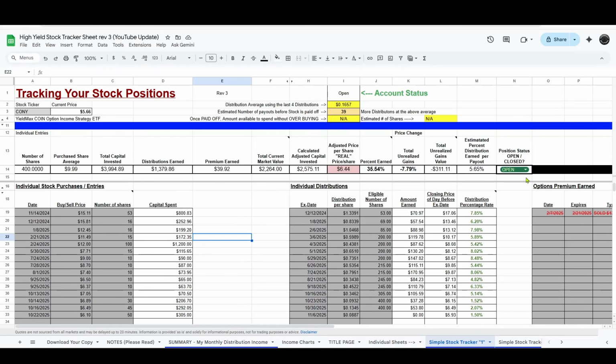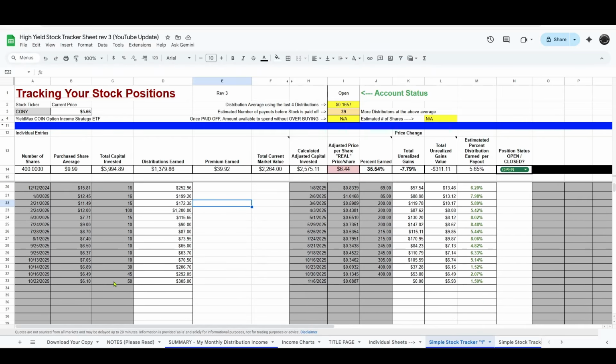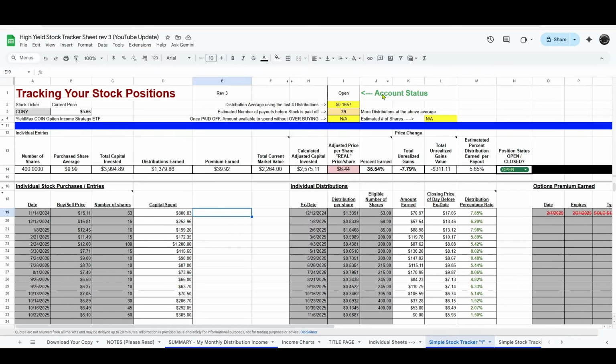And once you flip that to closed, or once you close this out, you would go in, put your date, put in your price, and then put in your minus, in my case 400 shares, so that will give you a negative amount that you've spent here. And this field up here where it says account status currently is open, that will change, and then give you the amount that you would actually have made in that position. And all of this is calculated for you.